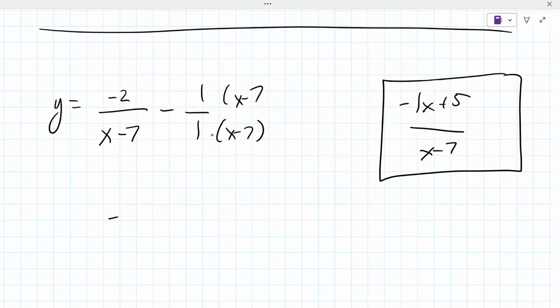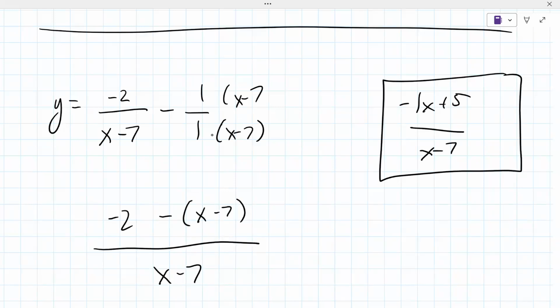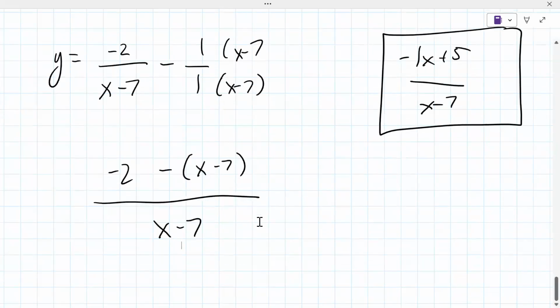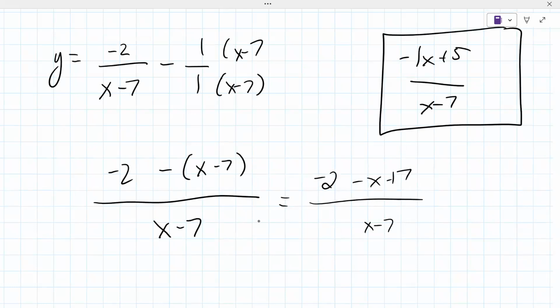Yeah, I'll show the work on this one. It is a negative that gets distributed to both. So it becomes -2 minus x plus 7. Your answer was correct. I just want you to have a little more confidence with it. Okay.